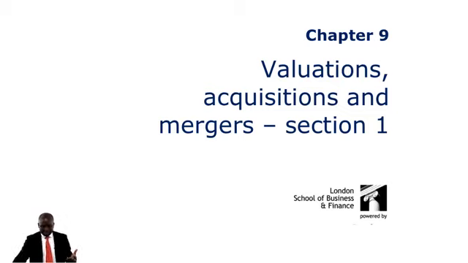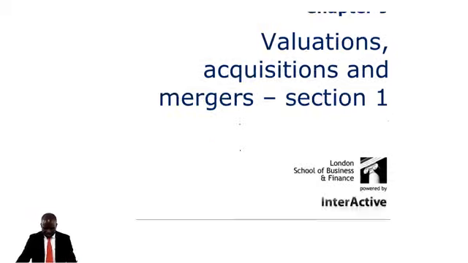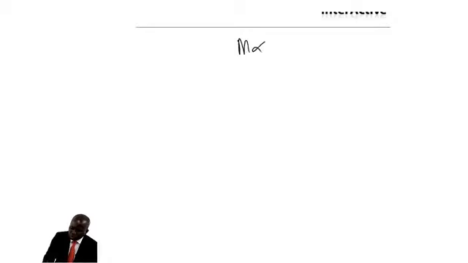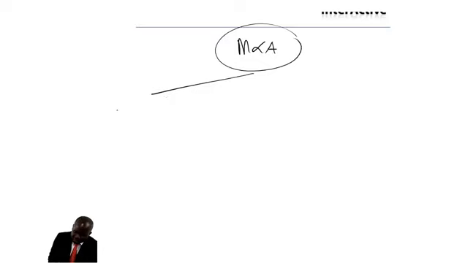What do I tell students here? I tell students this, that mergers and acquisitions, you need to know these areas. You need to know what is called the valuation of business.